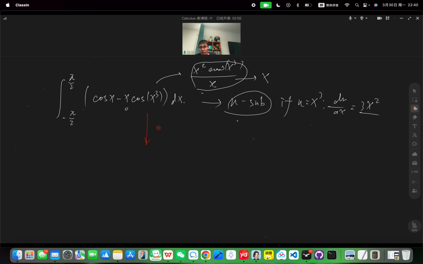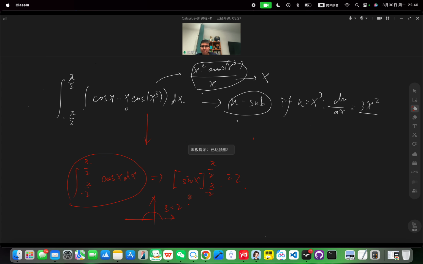We can divide this integral into two smaller integrals. First is from negative pi over 2 to pi over 2 of cosine x dx, and we can find that this equals sine x evaluated from negative pi over 2 to pi over 2, which equals 2.